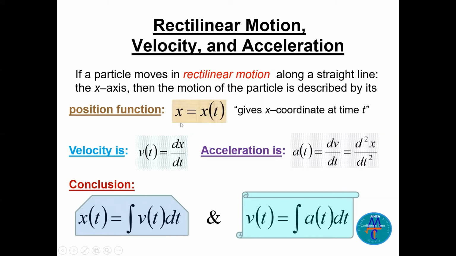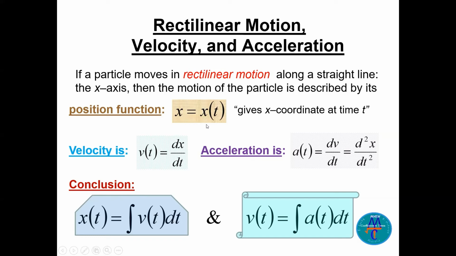Now the velocity will be the derivative of x. V of t will be dx over dt. So if you differentiate the position function, you will get the velocity. And remember, the opposite is the conclusion here: x of t, the position function, is the integration of the velocity, v of t dt.